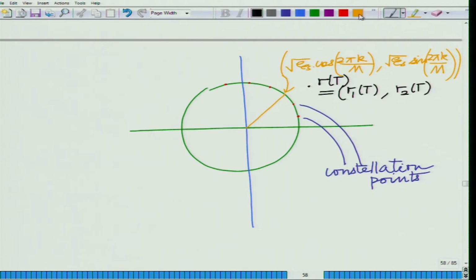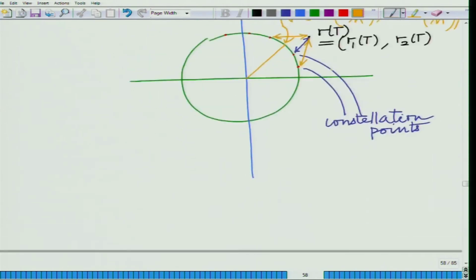Okay. And now there is no other way except, remember, we can always rely on our minimum distance criterion. So, there is no other way other than measuring the distances with respect to the various constellation points and choosing the one.